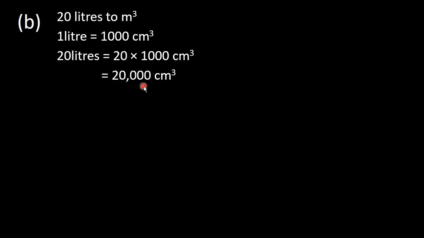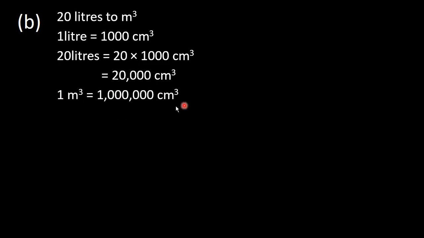Now we need to convert the 20,000 cubic centimeters to cubic meters. Now we have that relationship already. We had already seen that 1 cubic meter is equivalent to 1 million cubic centimeters.